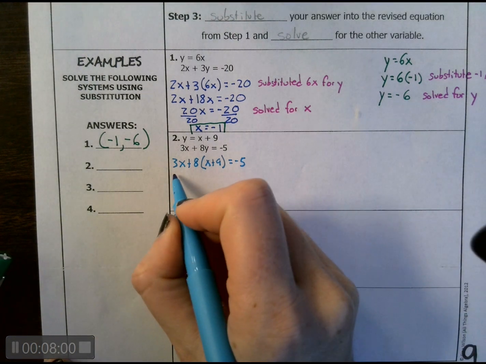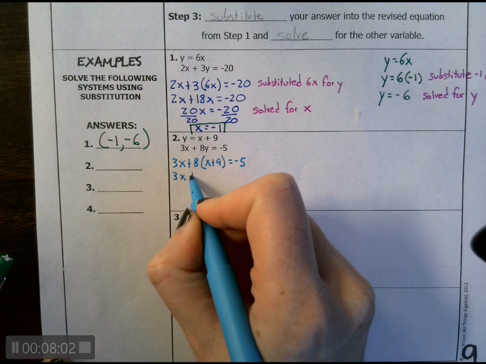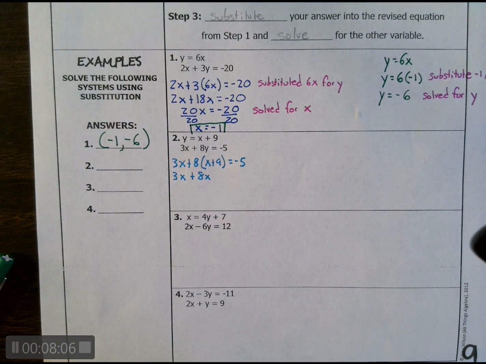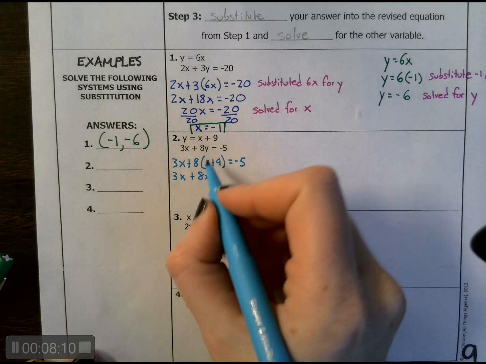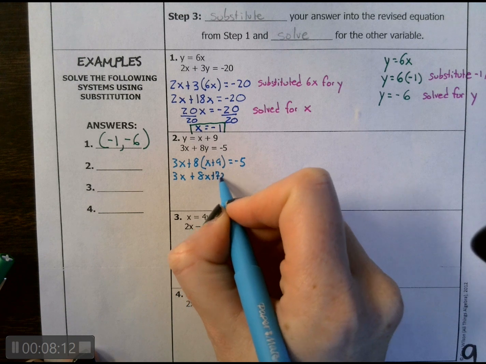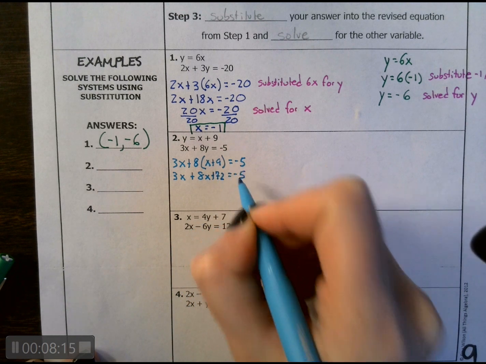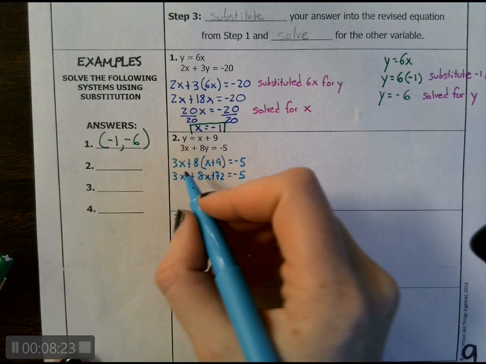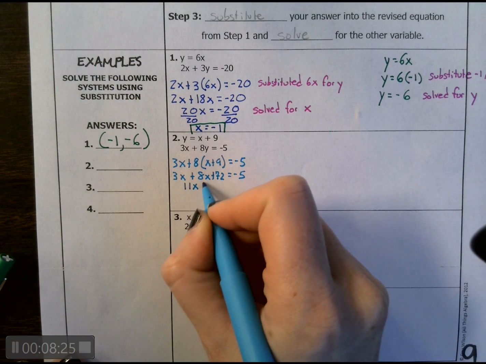So first thing I need to do is distribute that 8. 8 times x, 8 times 9. Give everybody a moment to do it on their calculator. Gives us 72. Okay, combine your like terms. So we have 3x plus 8x, which will give us 11x.